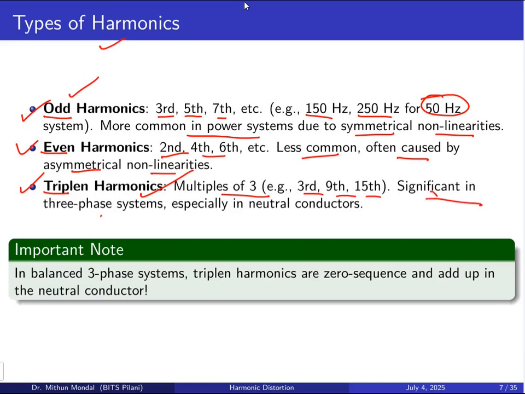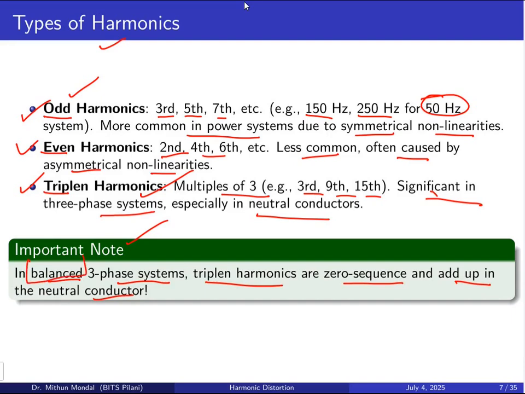It is significant in three-phase systems, specifically in the neutral conductors. When we talk about three-phase systems, you have 3 conductors, and the triplet harmonics are multiples of 3, so they will be present in the neutral conductors. The important point is that in a balanced three-phase system, the triplet harmonics are zero sequence and add up in the neutral conductor.